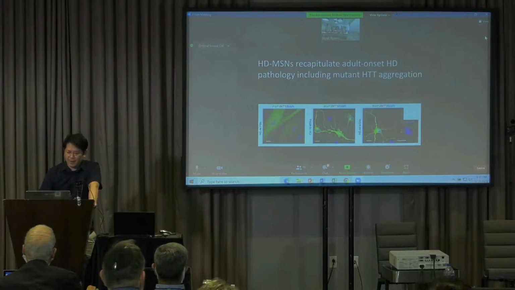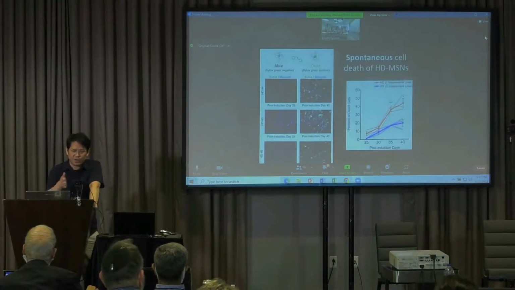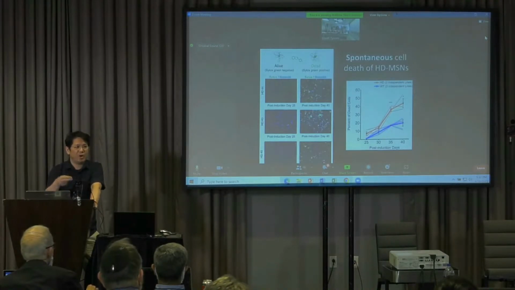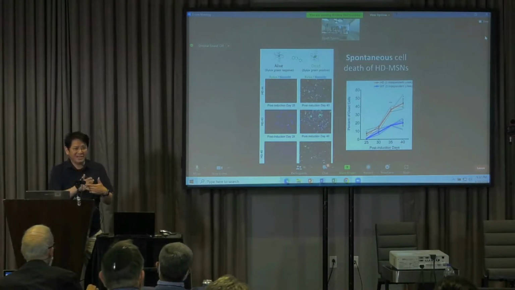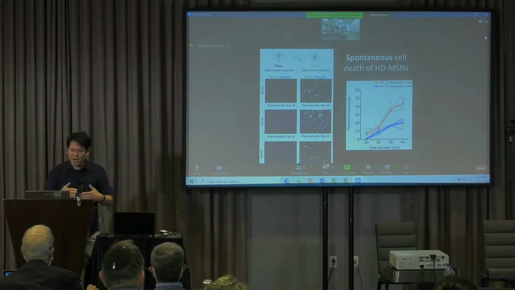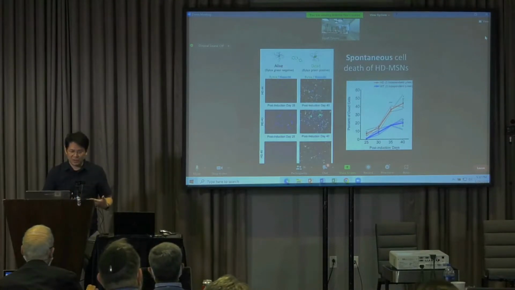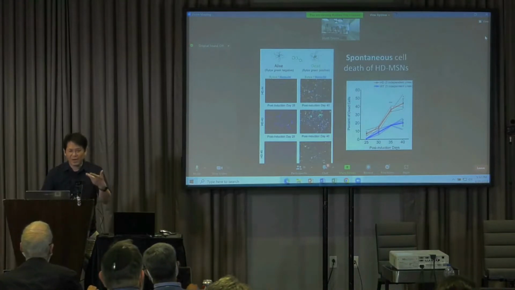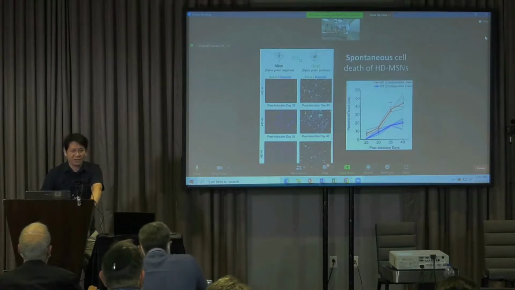And over time in culture, and this is an important point, when cells acquire the neuronal state as medium spiny neurons, we start seeing cells degenerating in culture. This happens without adding any additional insult. So there's something about a cell-intrinsic property where these cells acquire the identity of medium spiny neurons, and then they start degenerating, at the level of cell death.